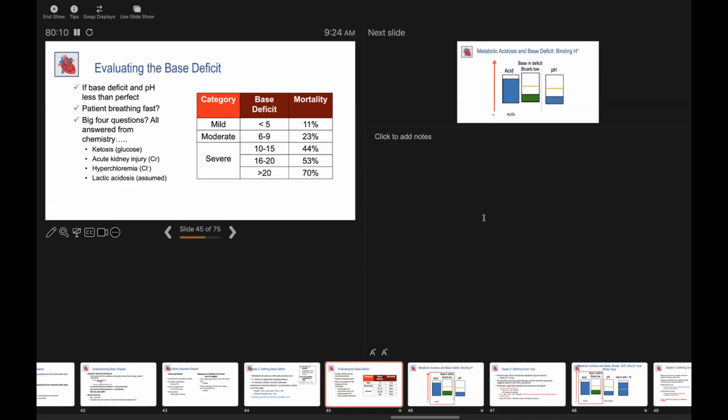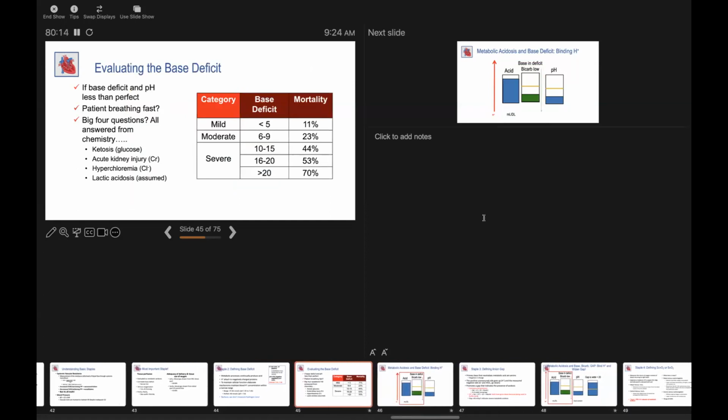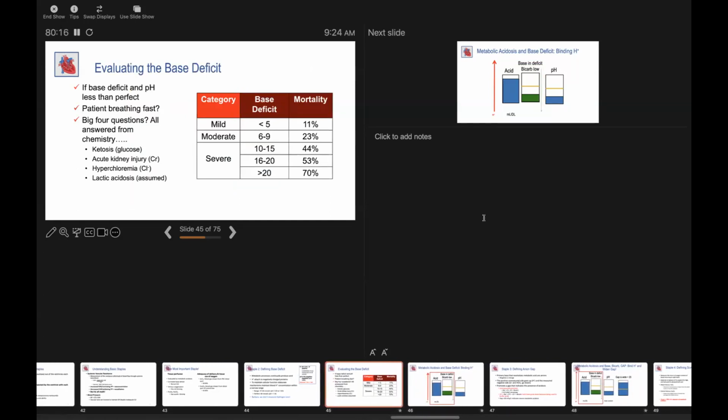Cool? I'm sorry, can you explain the chloride one more time? Okay, so when bicarb binds with hydrogen, it makes H2CO3. Bicarb is HCO3 negative.